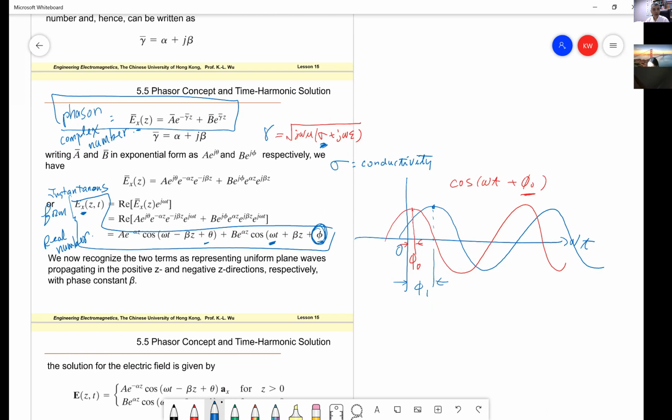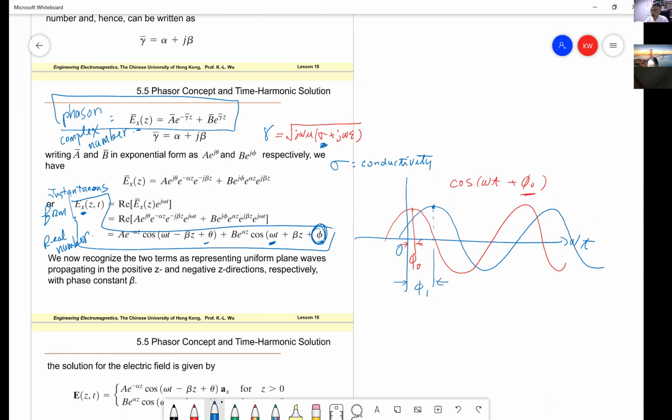We really don't care about the initial phase if you only talk about one wave. However, if you talk about more than one wave, for example the electrical field and the magnetic field, the phase difference will make a significant difference.